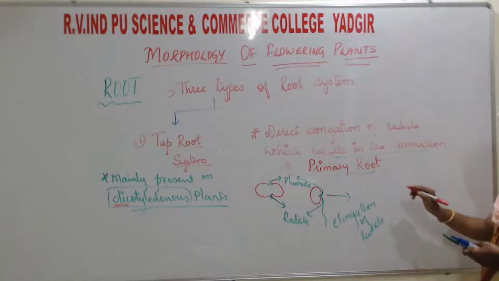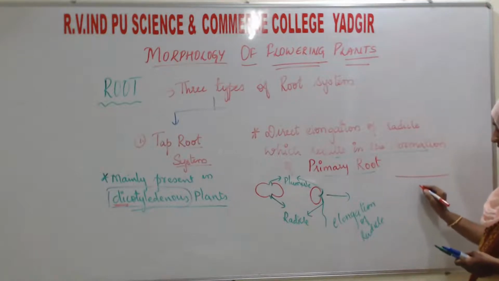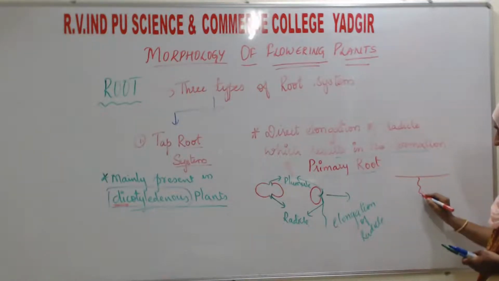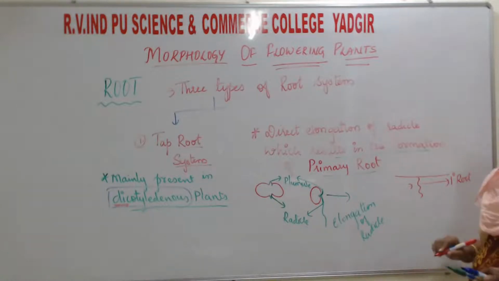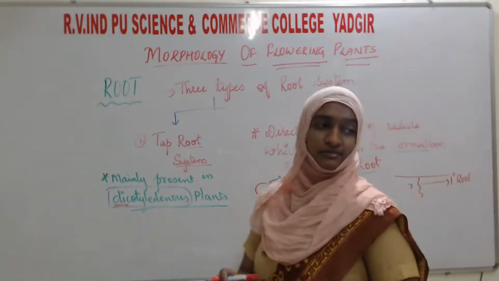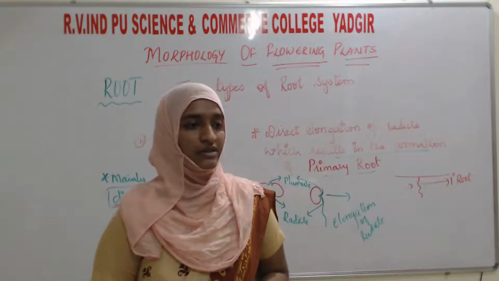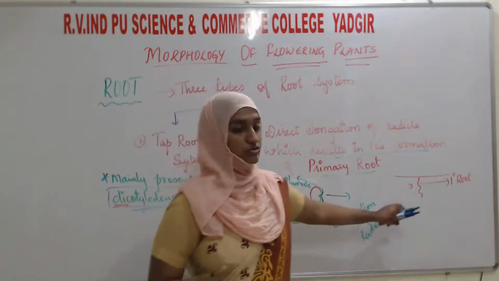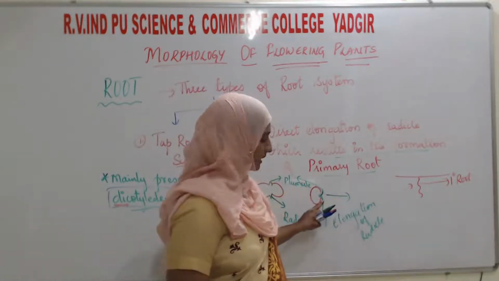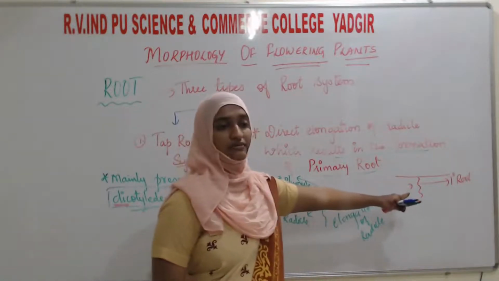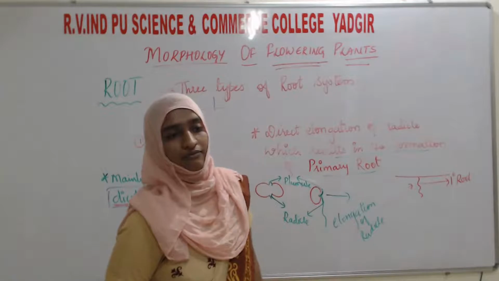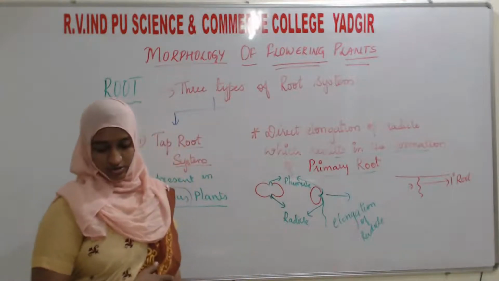Here you see, this is the seed, and this direct elongation of the radicle will give rise to a primary root. You can see the direct elongation of this radicle gives rise to the formation of a primary root.